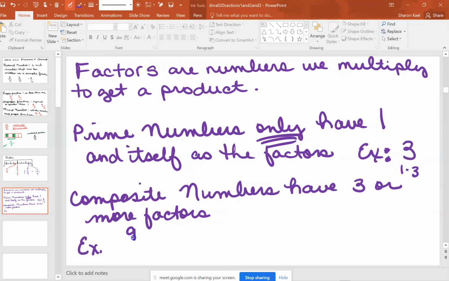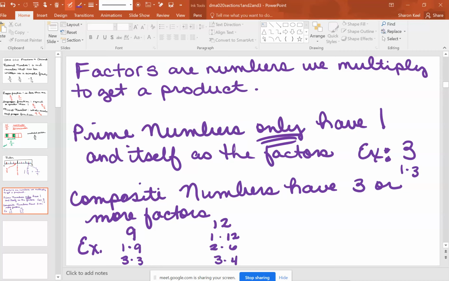If I gave you the number 9, for 9, we could multiply 1 times 9. We could also multiply 3 times 3. So we have 3 factors, 1, 3, and 9. If I gave you the number 12, factors of 12 would be 1 times 12. We would have 2 times 6, and we would have 3 times 4. So if we listed the factors of 12, we'd have 1, 2, 3, 4, 6, and 12. We would have a total of 6 factors. So a composite number is going to have 3 or more factors.